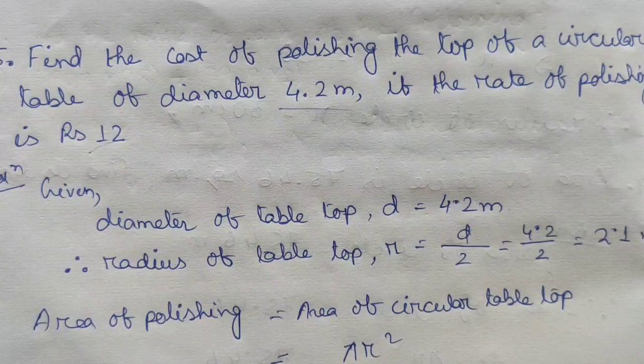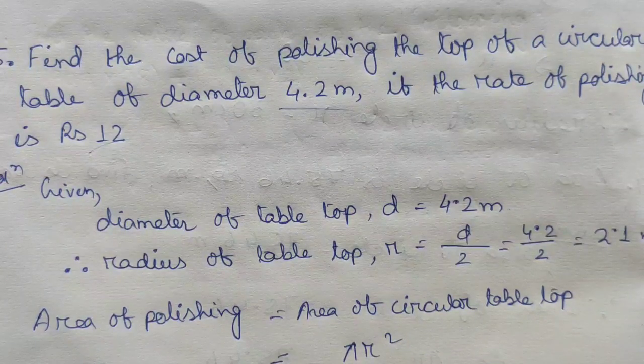What question is asked? We want to polish a circular tabletop. Clear? So the area of the table we want to polish will be the area of the tabletop. So we have written this line, area of polishing equals area of circular tabletop.